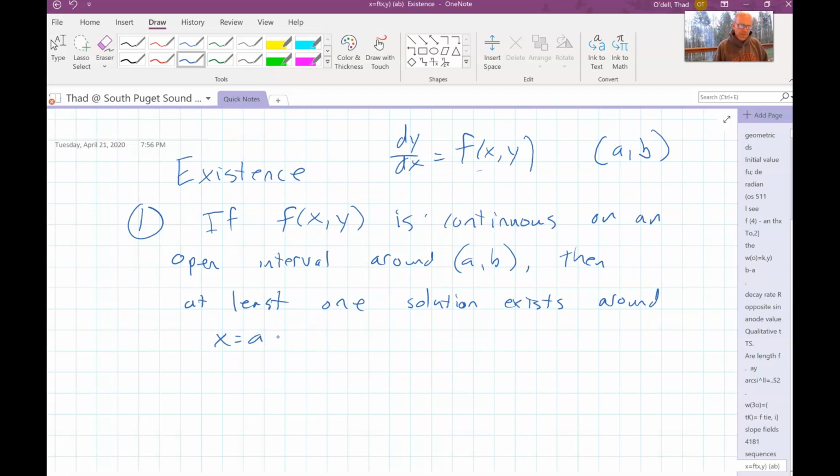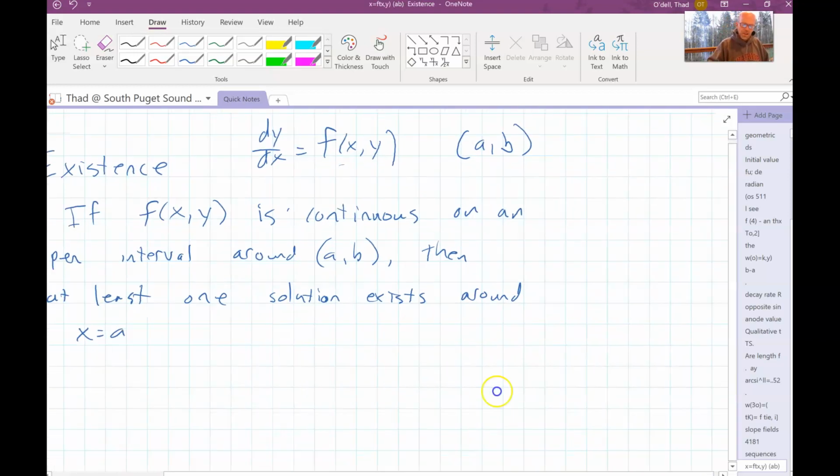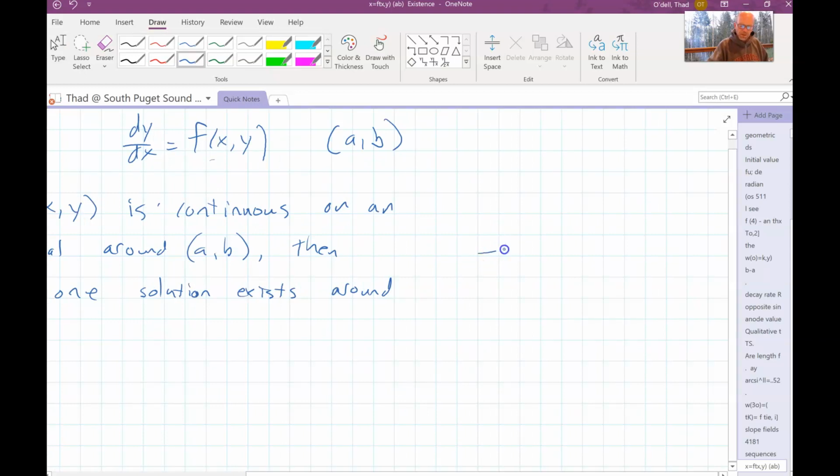So, if f is continuous on an open interval, the open interval is important because if we have a function that, for example, comes up and ends at my point, then there's no way to get a continuous open interval around that, because there's nothing on the other side. If we said closed interval, you could set up something like this, and it would be continuous the whole way because we're not looking at the other side.